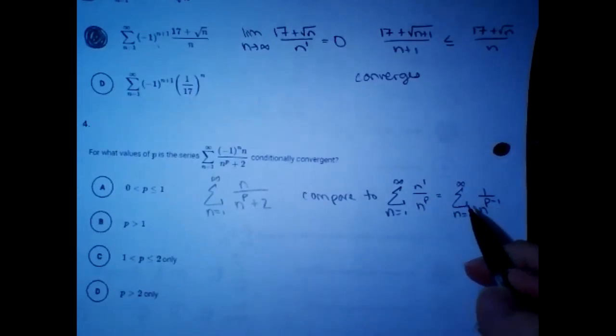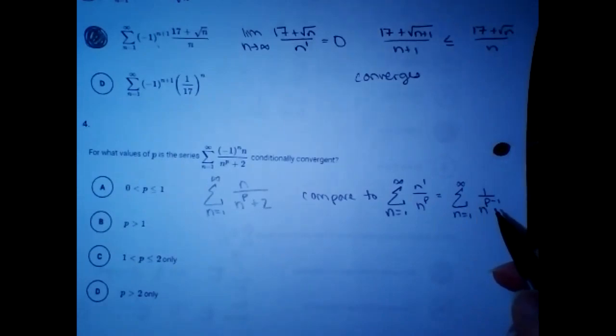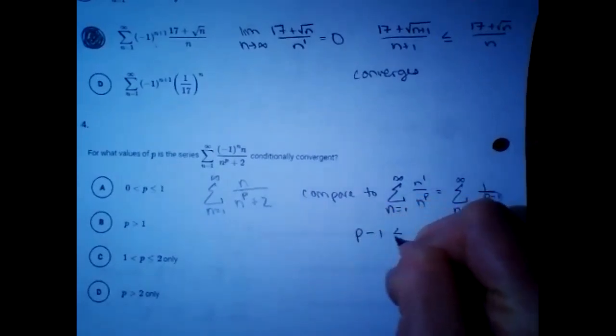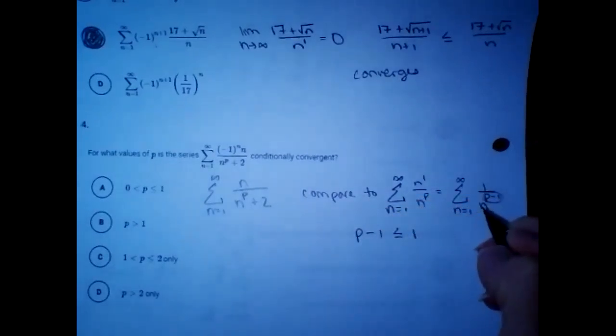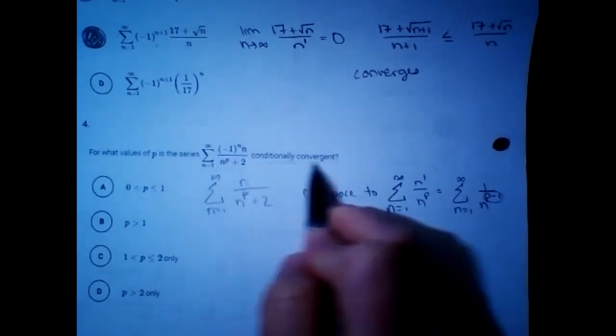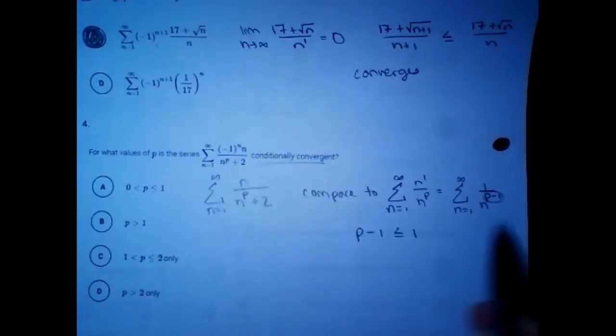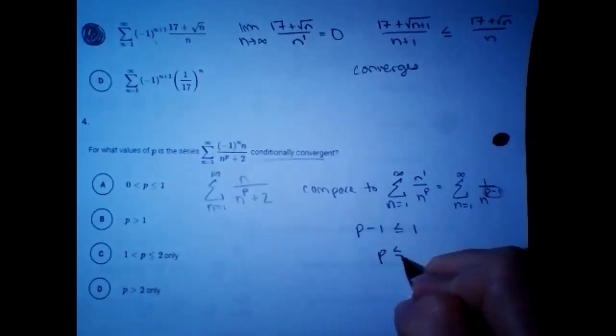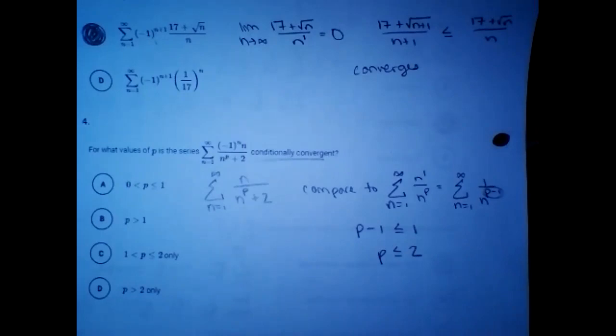But anyway, if we want this to diverge, it would be a p series. We need this p minus 1 to be less than or equal to 1. That will cause this to diverge. Again, if we want to be conditionally convergent, this absolute value of the series has to diverge. So this would have to be smaller than or equal to 1. And so p has to be less than or equal to 2.